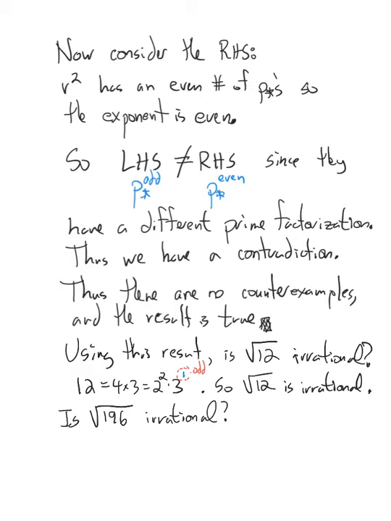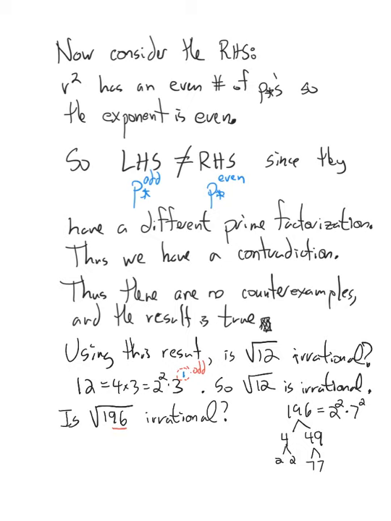I can see a factor of 4 in there, since if you divide 4 into 96, you get a number with no remainder. So 196 is 4 times, and you can check, 49, and 4 is 2 times 2. 49 is 7 times 7, so 196 is 2 squared times 7 squared.